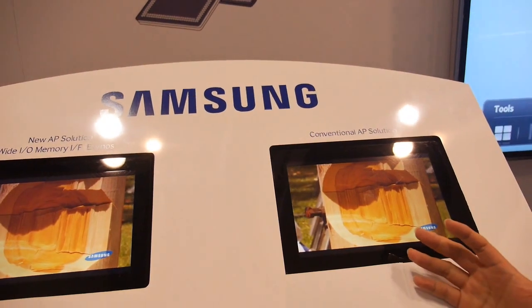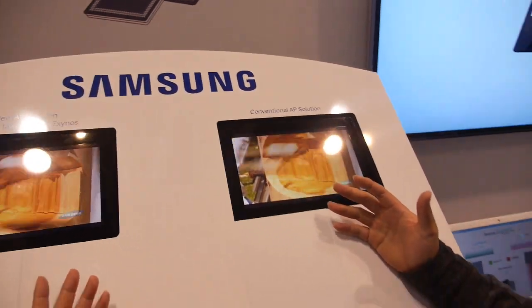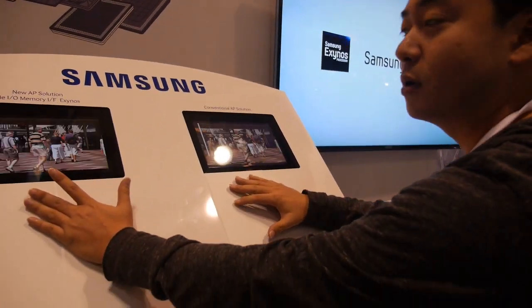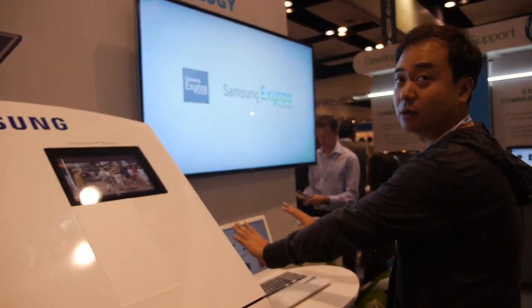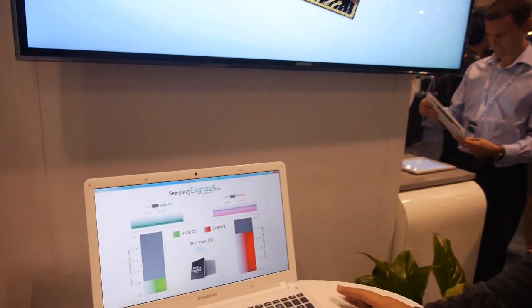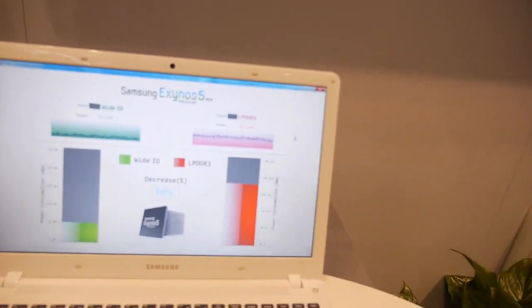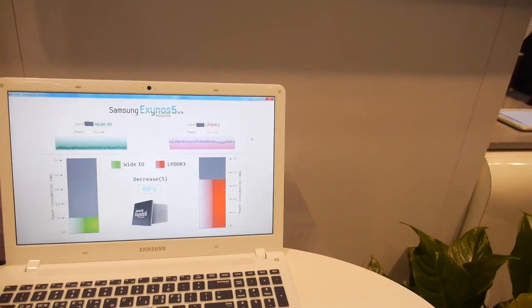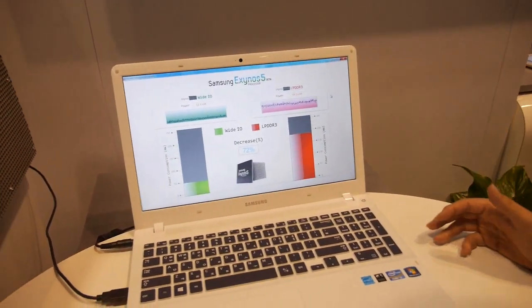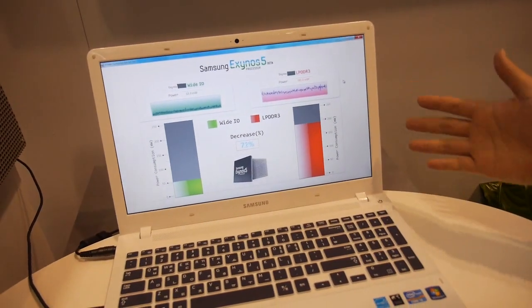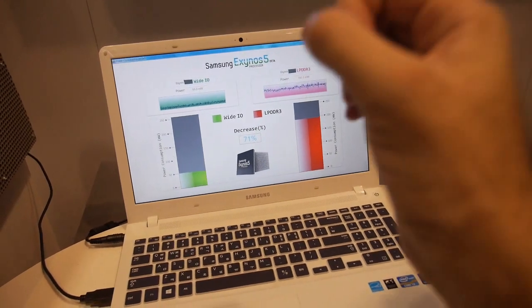To run the same application, the same workload, we can see the power benefit of the wide I/O memory interface. We can have 60 to 70% power saving. From the 60 to 70% of the SoC?